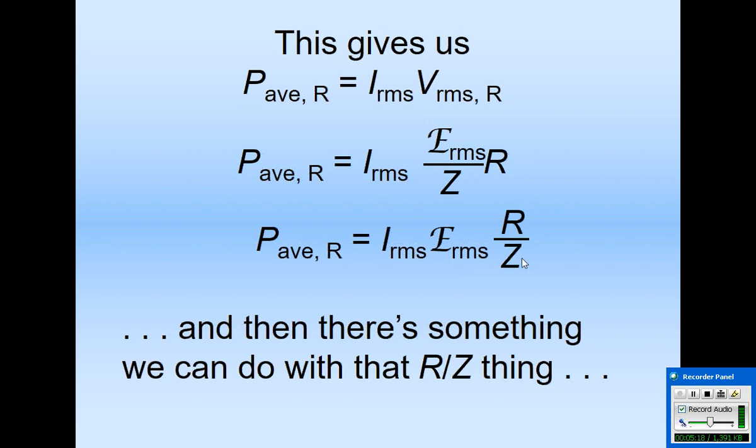And so we've related the average power of the resistor to what is being supplied by the source, as well as dealing with the impedance of the circuit. And I want to deal with that expression R over Z.